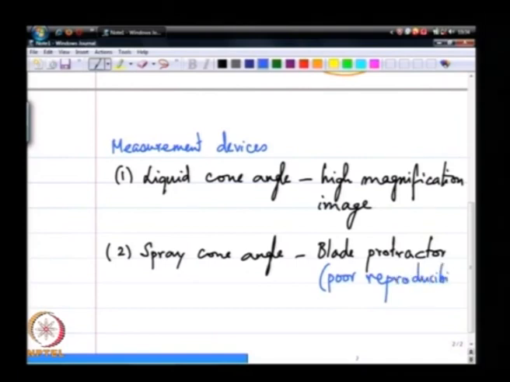An alternate way is again going back to imaging and using image analysis. So, one way that imaging is often employed is if I take an image of a spray, let us say I take an image that is a sufficiently large spatial representation of the spray cone angle.